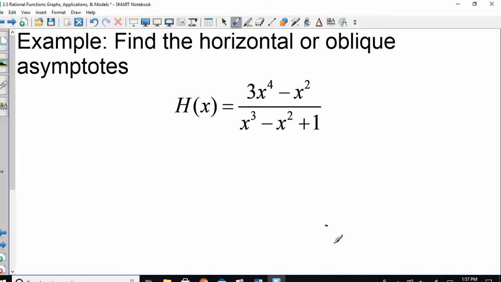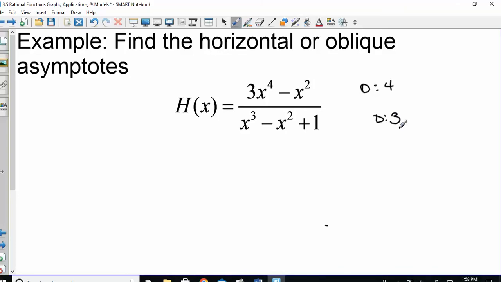I want to do this one. What is the degree of the top? 4. What is the degree of the bottom? 3.